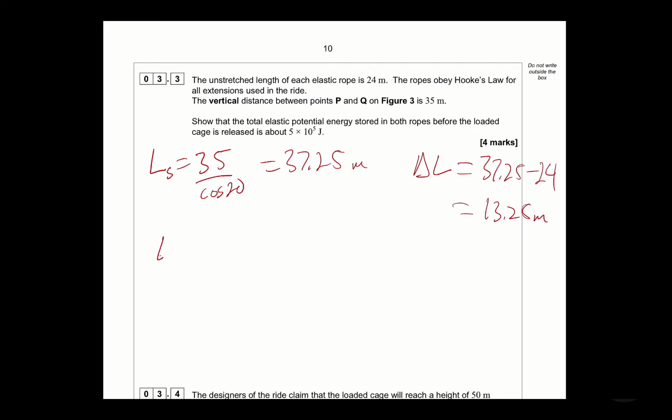So elastic energy is one half of force times extension. Don't forget the 1/2.